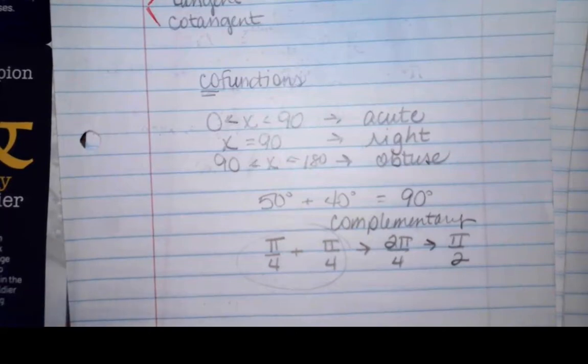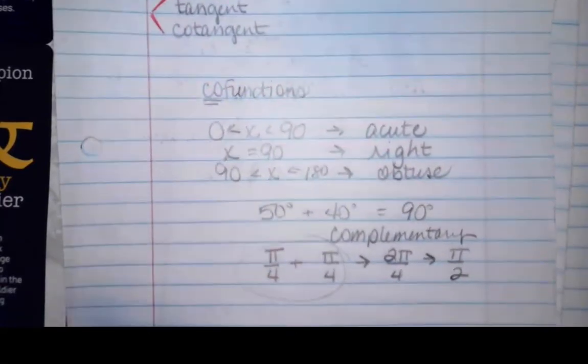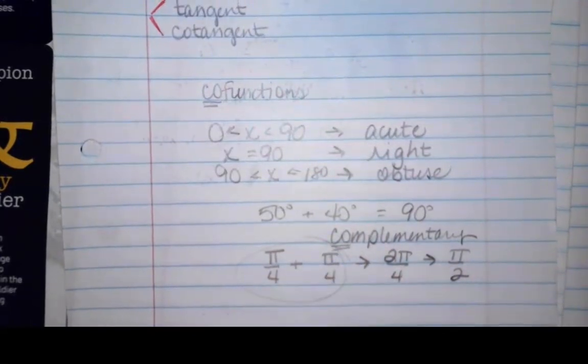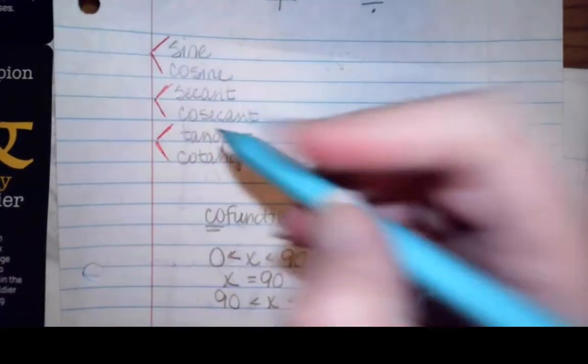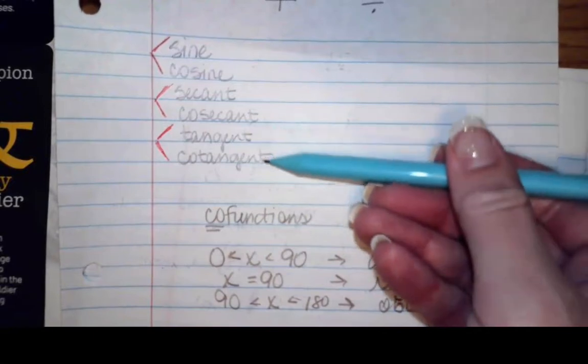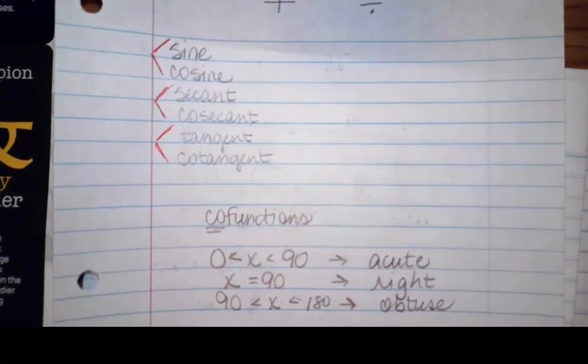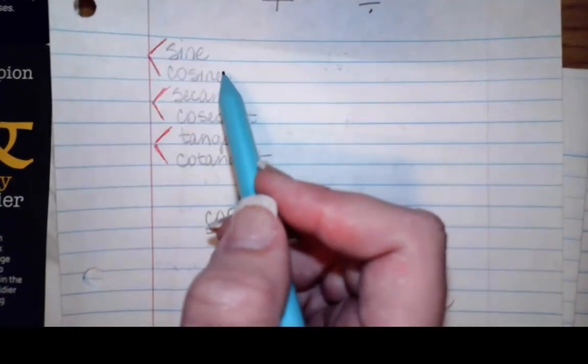So now that I know what complementary angles are, notice it starts with CO. So what I'm going to find out is if the angles that are referred to between cofunctions are complementary, I can flip-flop those cofunctions out. And now I'm speaking a total foreign language, so we should probably back up and figure out what these things mean.